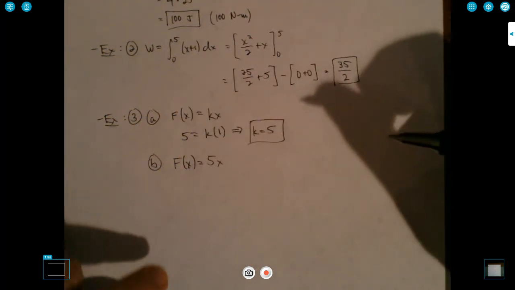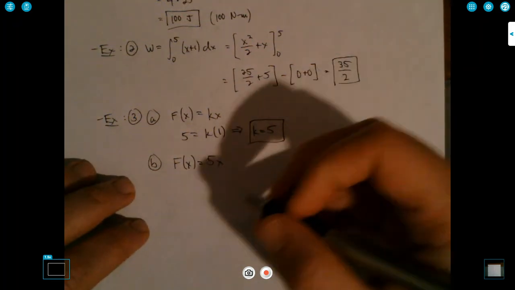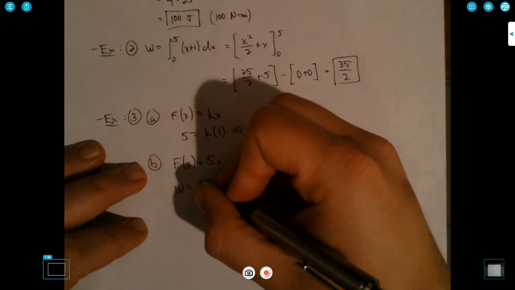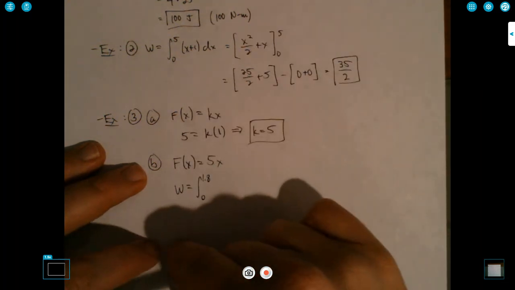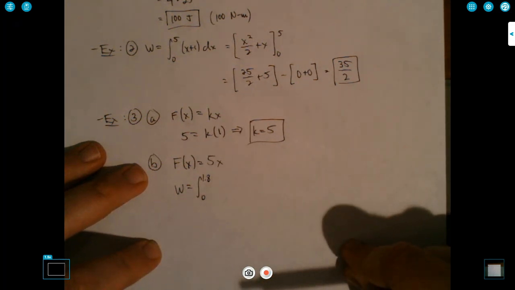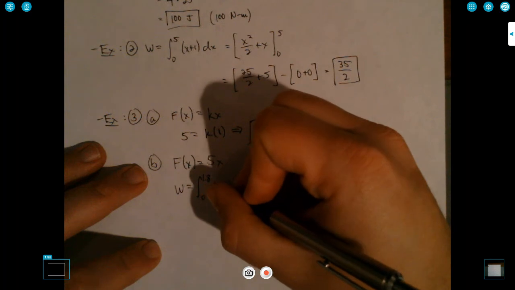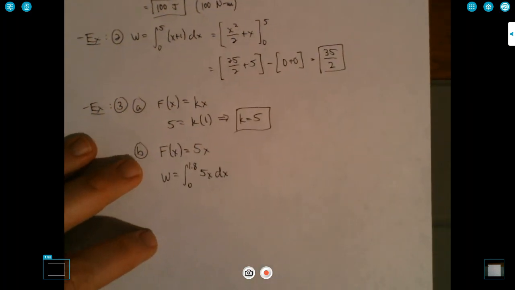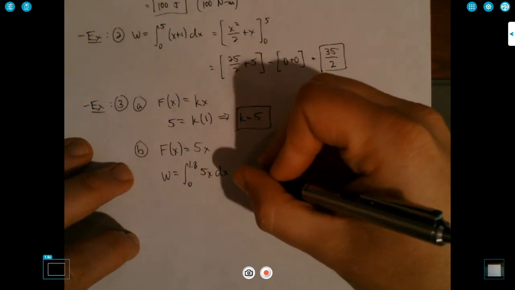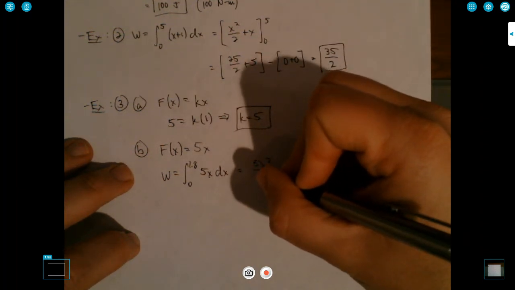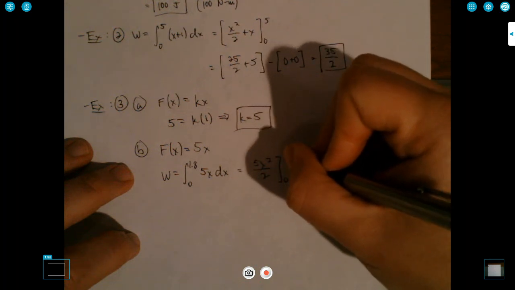So f of x is going to be 5x, and the work done is going to be the integral from 0 to 1.8, because we want to pull the spring from equilibrium out to 1.8 meters beyond equilibrium. Okay? And that's that setup, right? So it's not terrible. This is going to be 5x squared over 2 from 0 to 1.8.